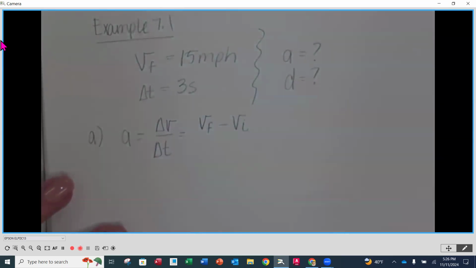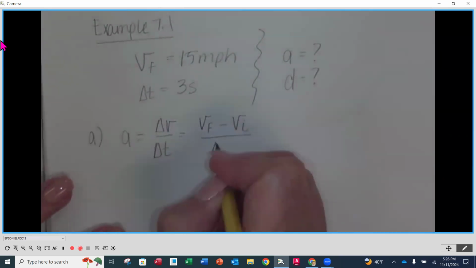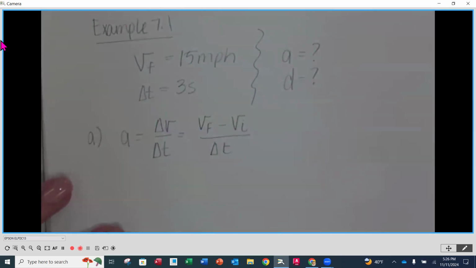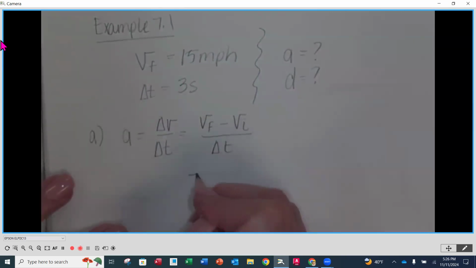I just use F and I for each of those, divided by the change in time. So remember, you're always writing out your equation in variable form before you put anything in. Don't start putting any numbers or units or anything in. Write out your equation in variable form first. And then we're going to line up the elements.